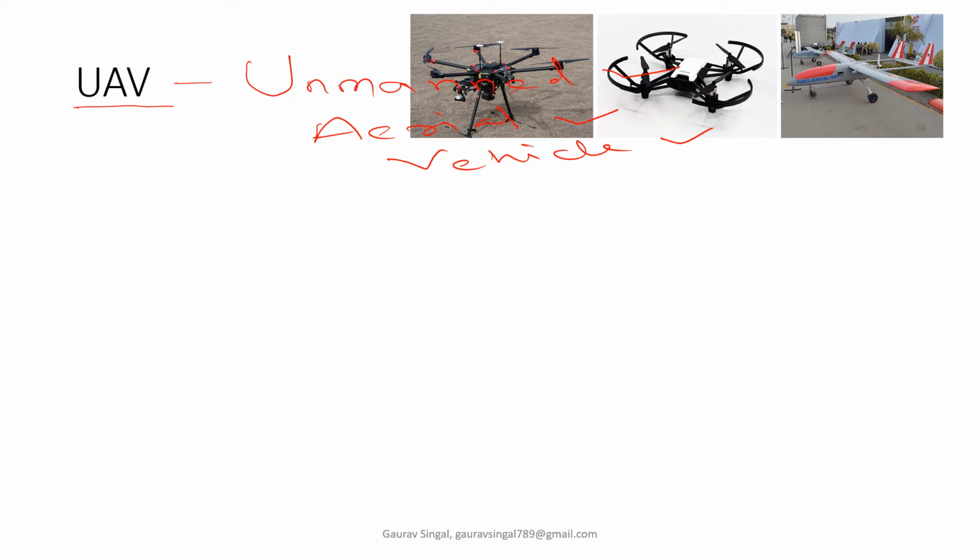The first one is an eight-propeller robot, an eight-motor robot. So basically it's an octocopter, it's a quadcopter, and it's a normal plane. So these are also kinds of UAV. UAV has multiple categories. We are coming to that in the coming lecture. We will explain what the categories of UAVs are.